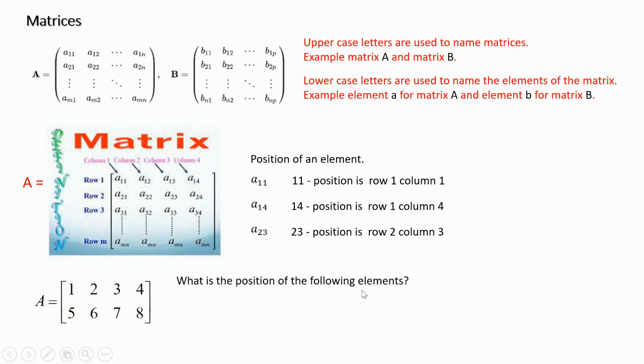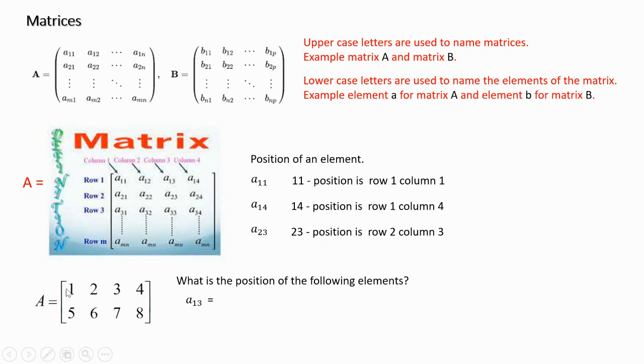Okay, what is the position of the following elements? Hey guys, please put in the chat if you know the answer. What's a13? Anybody? What number is a13? Isn't it 3? The answer is 3.